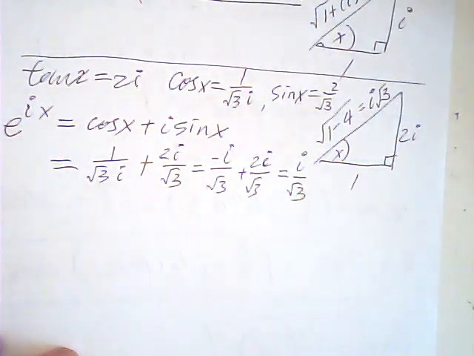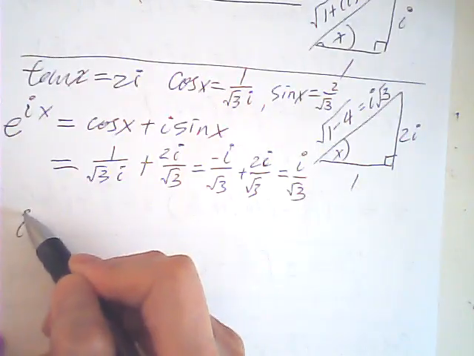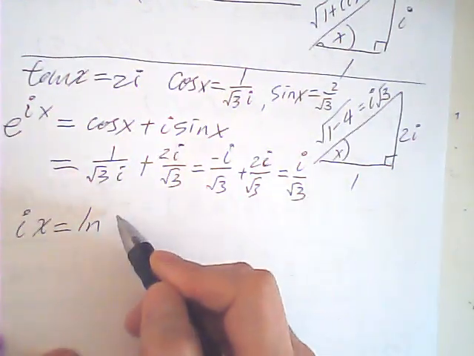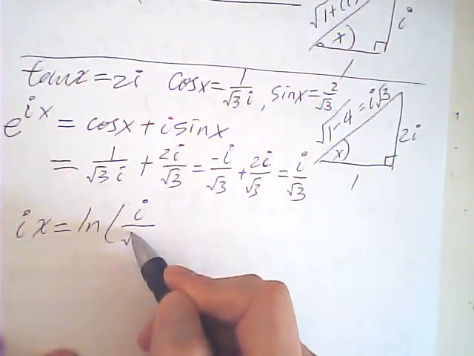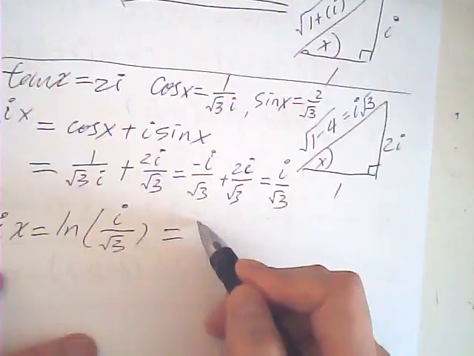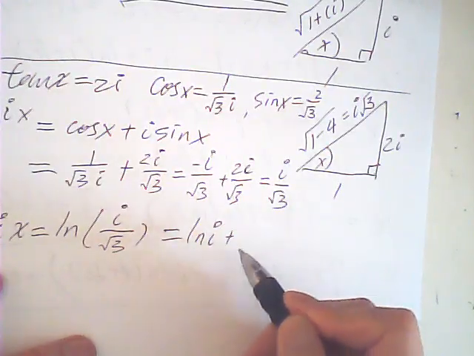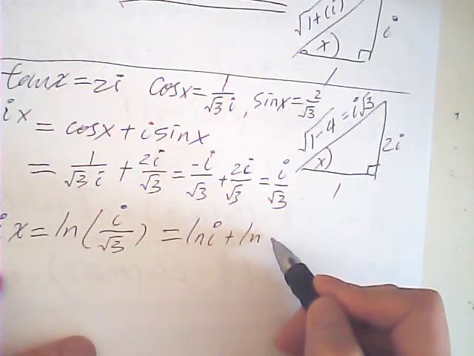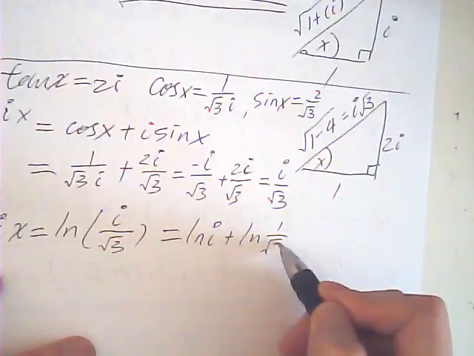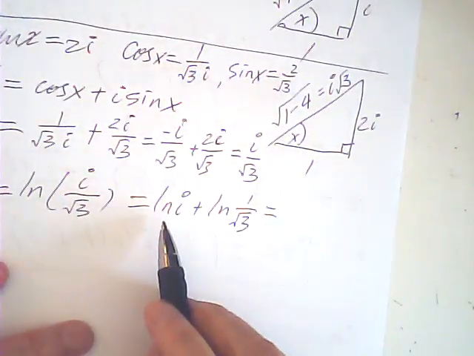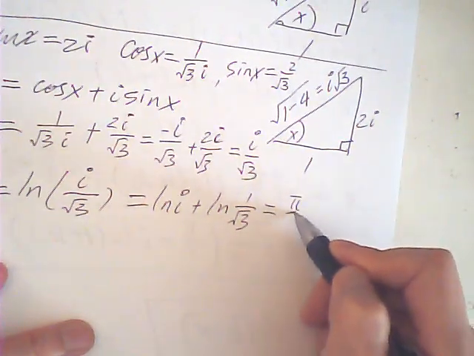Therefore, ix is equal to log. So this one is equal to log i plus log 1 over root 3. Right? Log i is equal to half pi i. Right?